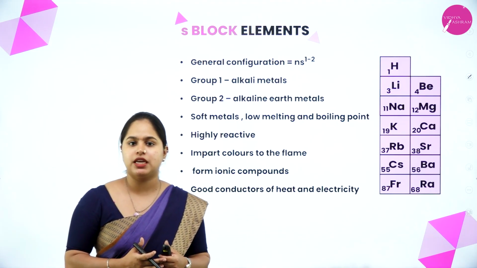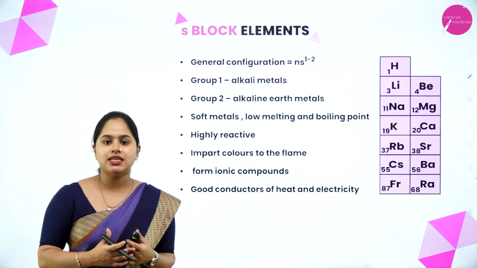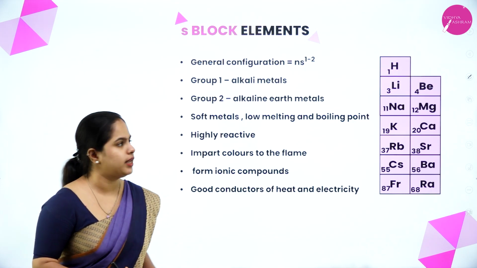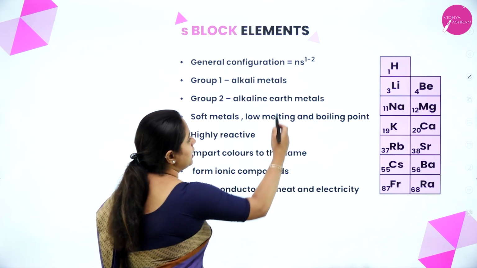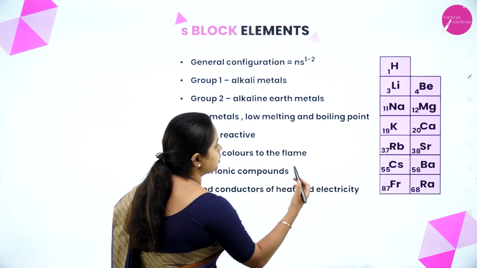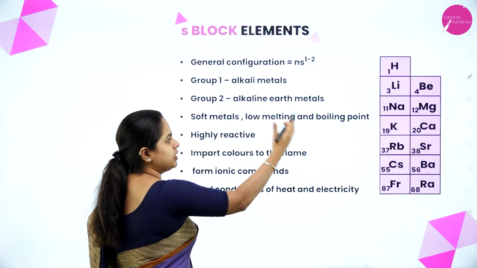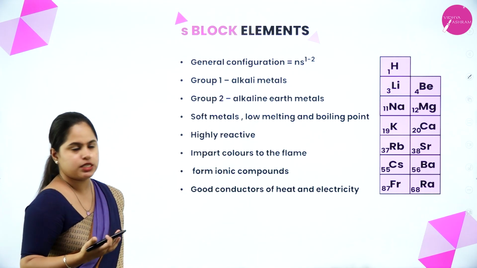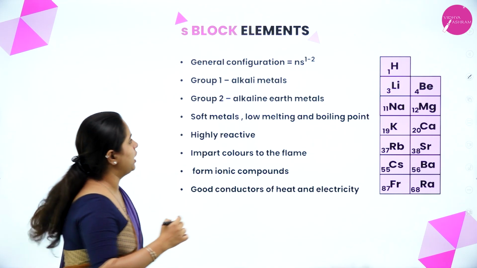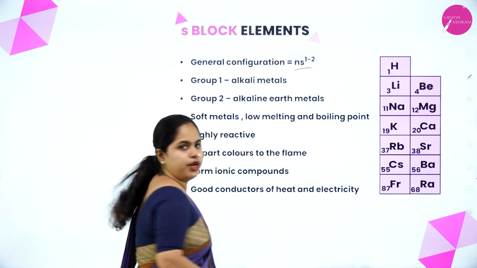First, let's begin with S block elements. As said, S block elements are the first and second groups, group 1 and 2: lithium, sodium, potassium, rubidium, cesium, francium, beryllium, magnesium, calcium, strontium, barium, radium. Groups 1 and 2 together are called S block elements. The general configuration for S block elements is ns1 to 2.